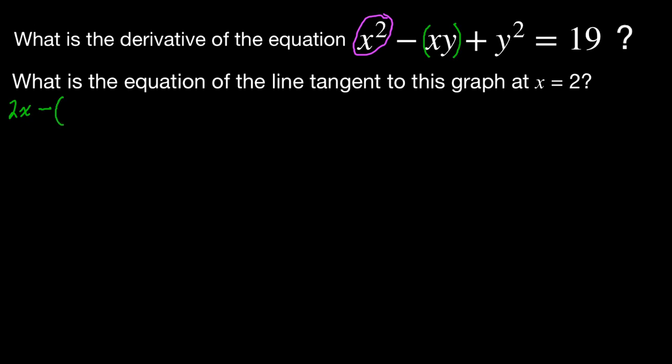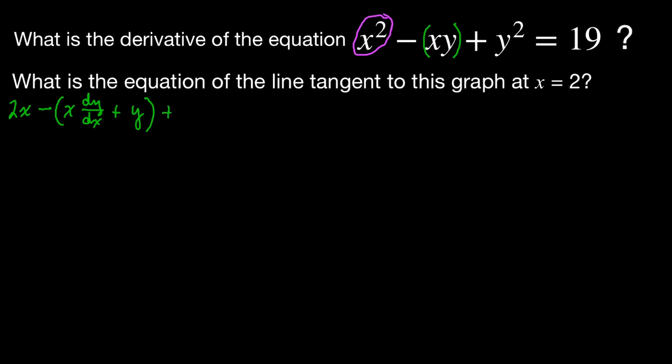So our product rule is going to be first times derivative of the second, which will be dy/dx, plus the second, which is y, times the derivative of the first. And the derivative of the first would be dx/dx, so I'm going to leave that off because that is just 1.